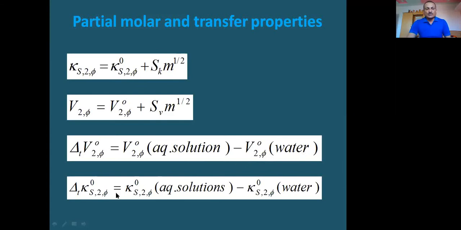Likewise, the partial molar isentropic compressibility in aqueous solution minus the partial molar isentropic compressibility in water gives you the transfer isentropic compressibility. These transfer properties and partial molar properties have their own significance in the determination and understanding of different types of interactions in solution.